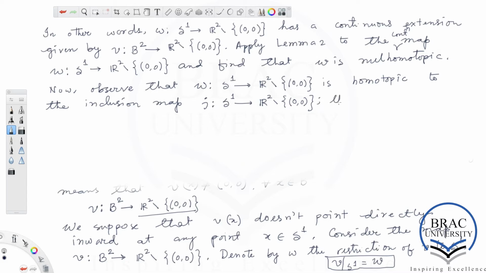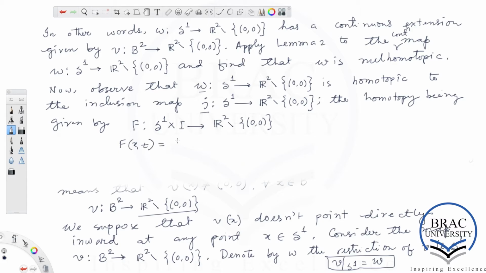So we claim that the homotopy from the map W to the inclusion map J is given by F from S1 cross I to the punctured plane, F(x, t) = t times J(x) + (1 - t) times W(x).